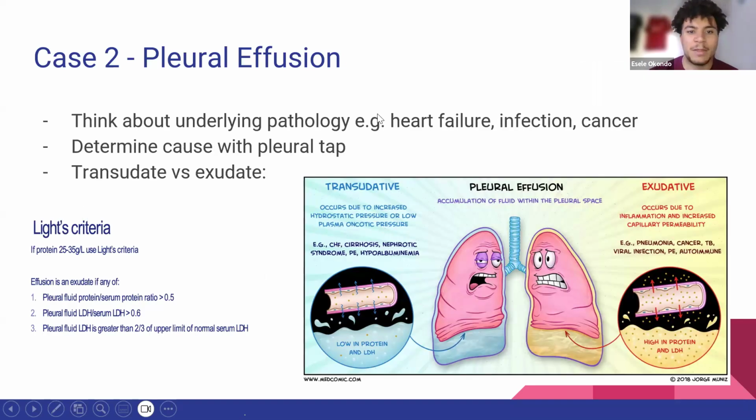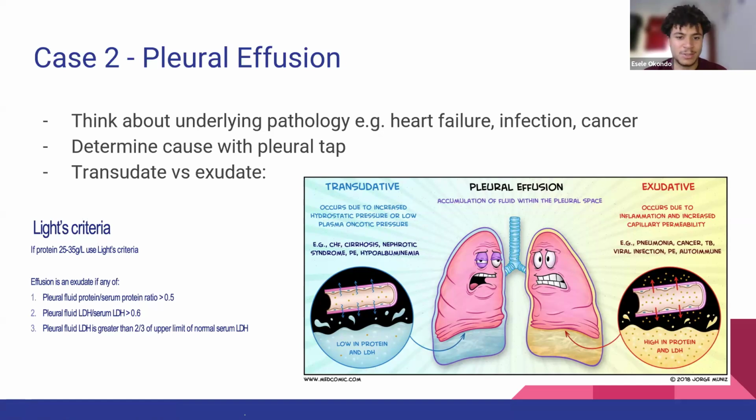So like I was saying earlier, think about the underlying pathology. Heart failure is probably the most common one you will see, then infection and cancer. You can determine the cause with a pleural tap. So you have your transudate versus your exudate. Transudate occurs due to increased hydrostatic pressure or low plasma oncotic pressure. For example, hypoalbuminemia, when there's less protein in the blood and less oncotic pressure to keep the fluid in the blood vessels.